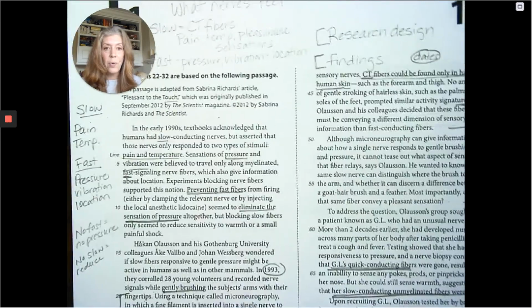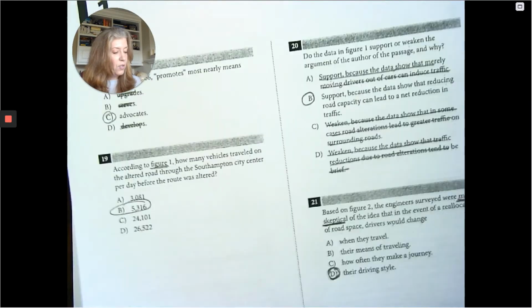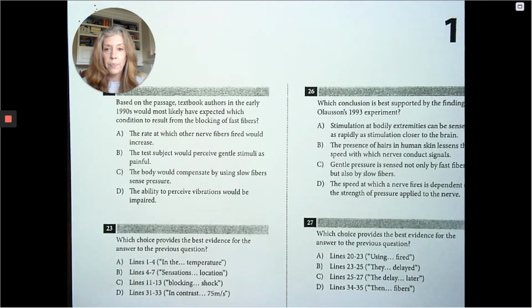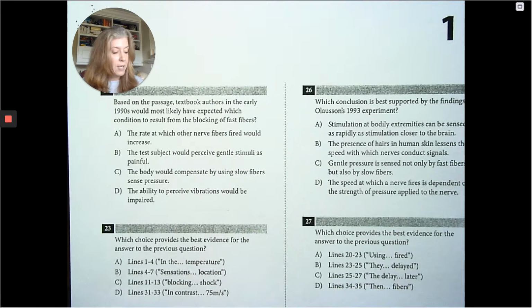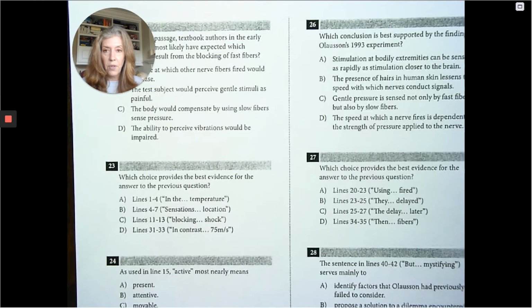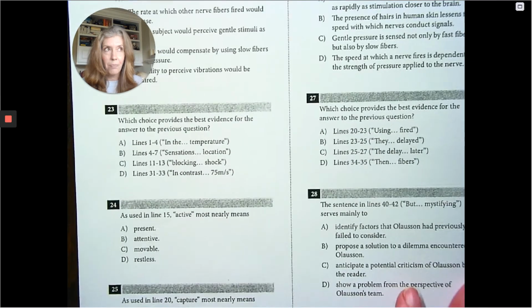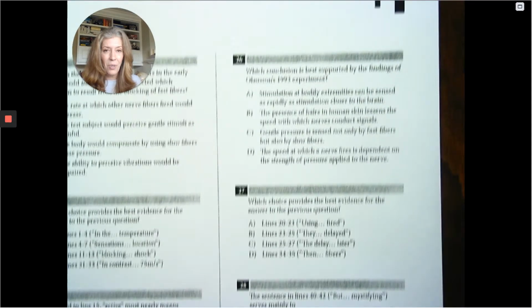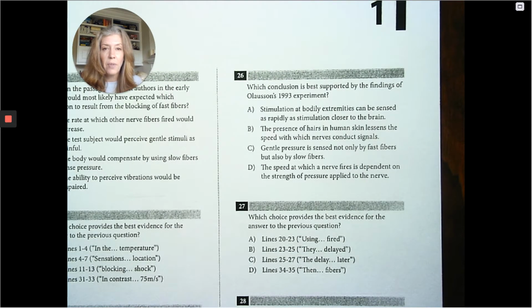So before we start answering questions, let's just have a quick little look at what they are. So based on the passage, that's a factual question. Best evidence for that. Most nearly means, oh, there's two. We're not going to look at the answers and fall in love.